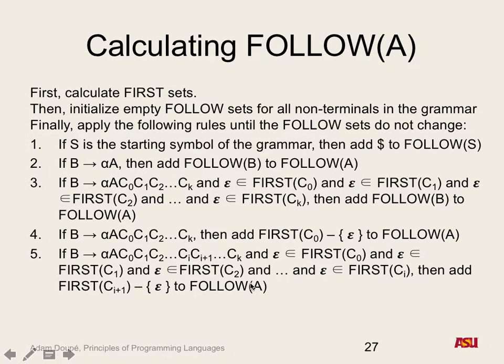And the fifth rule says, you can keep doing this, assuming that C0 has an epsilon in its first set, then you can add C1. And if C1 has an epsilon, then you can add C2 minus epsilon. And if C2 has an epsilon in it, you can add C3, and so on and so forth.